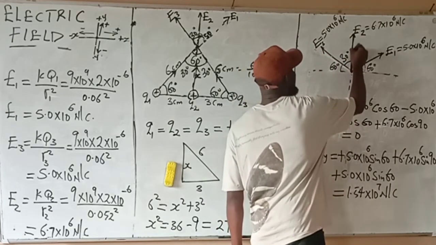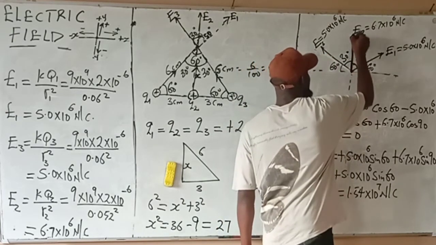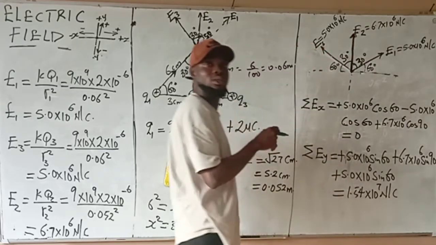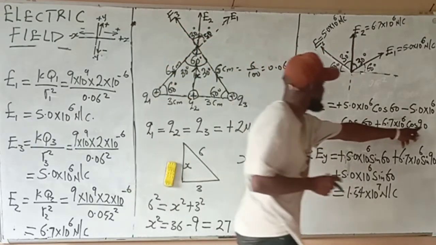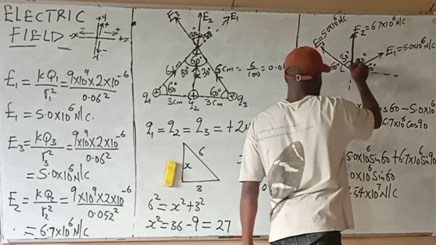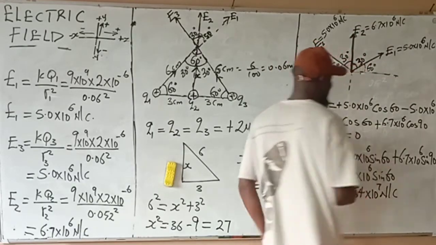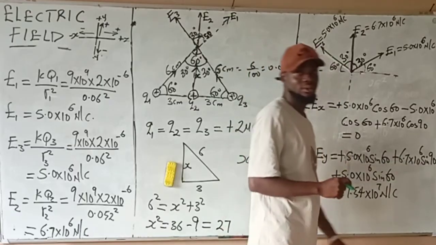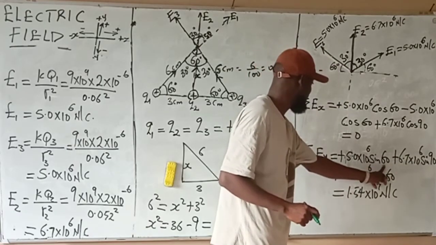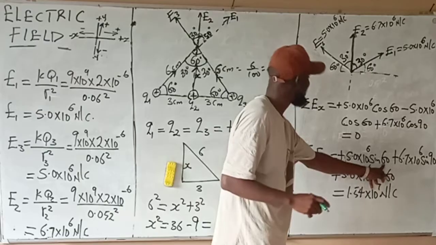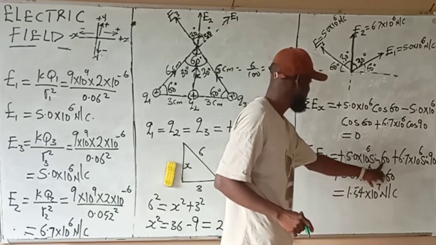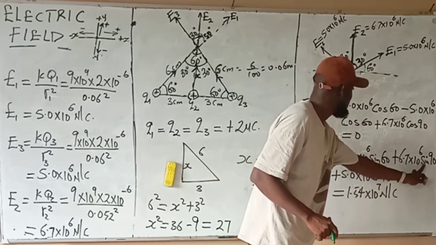Because the angle between this line and this vector is 0. So we don't use 90 here again. The angle between the y-axis and this vector in the y-axis is 0. So you use sine 0 here. Then for this you use cos 60. You use cos 30, since you are now using this 30 degree angle. Then this one now will be cos 0.